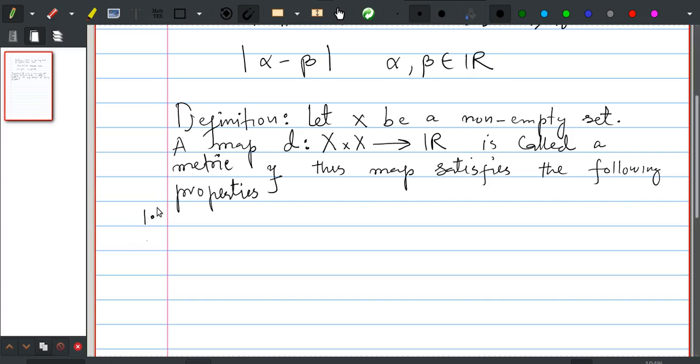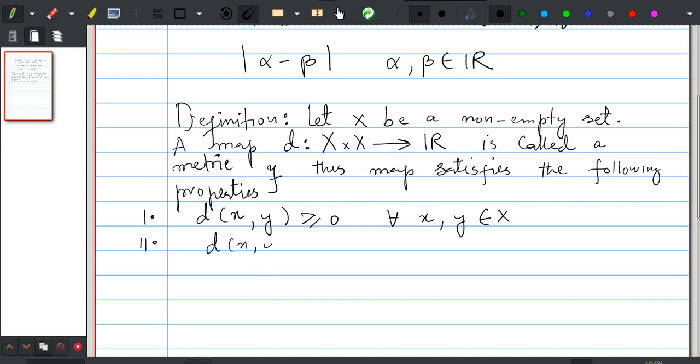So we have property first, which states that d of xy is always non-negative for all x and y in the set X. Then we have property second, which says that d of xy is 0 if and only if x is equal to y.